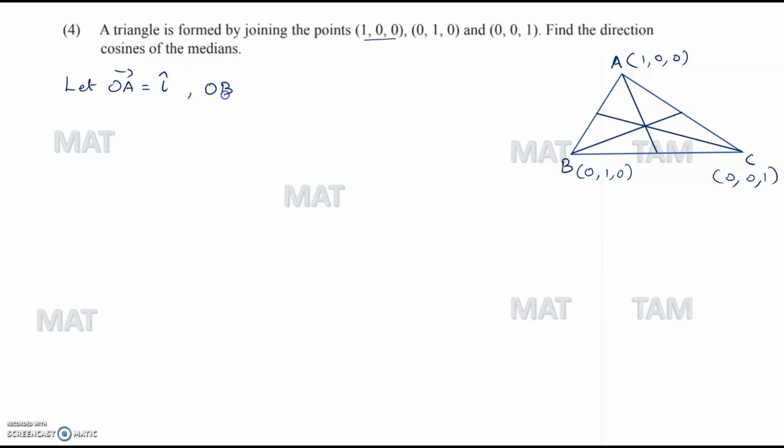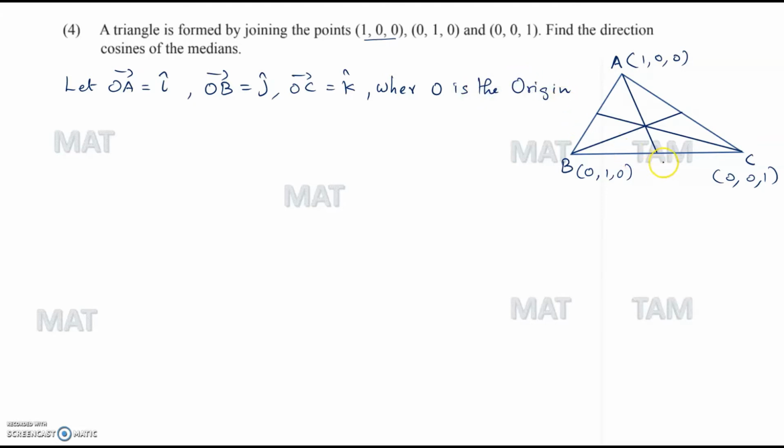And the vector OB will be j cap, because our point is (0, 1, 0). So the coefficient of i cap will be 0, k cap will be 0. So it's just left with j cap. And OC would be k cap, where O is the origin.